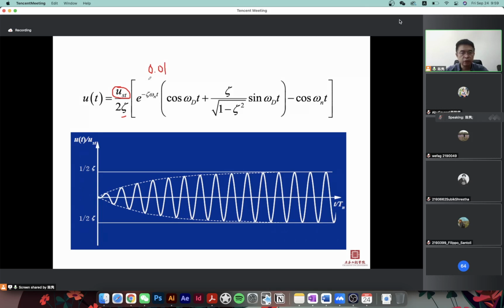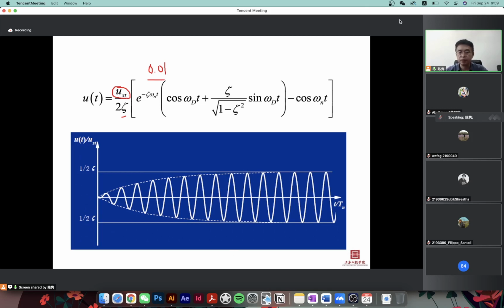So if the damping is 0.01, which is very common, UST will be multiplied by 50 times. Which means if you have 1 meter of static deformation under static loading, and the loading becomes dynamic at resonance, the maximum dynamic deformation will be 50 times larger than the static one.